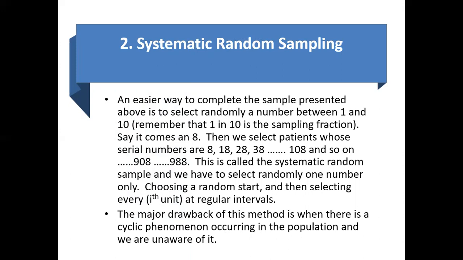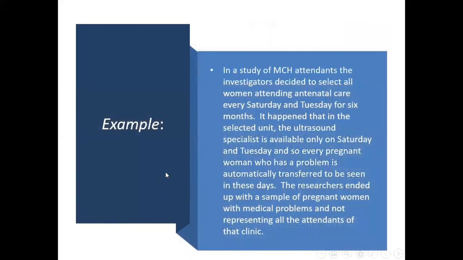unit at regular intervals. The major drawback of this method is when there is a cyclic phenomenon occurring in the population and we are unaware of it. Example, in a study of maternal child health attendance, the investigators decided to select all women attending antenatal care every Saturday and Tuesday for 6 months.